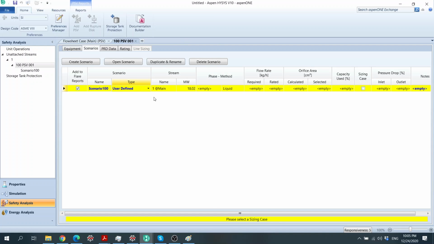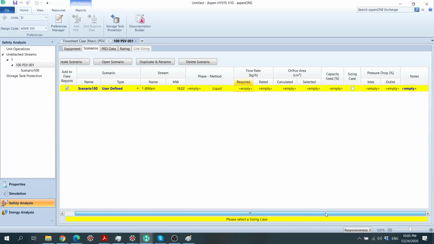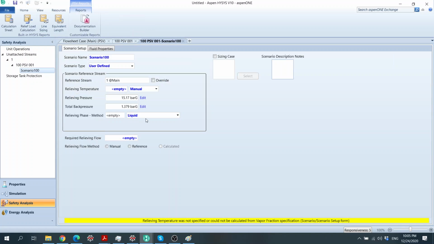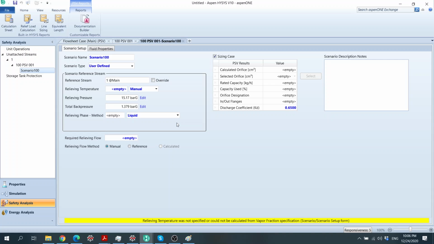So let's see, liquid flow rate, sizing case. Yeah, let's see. This one.